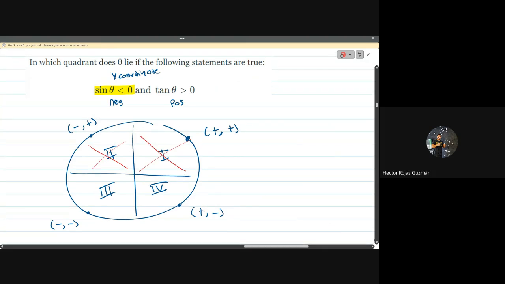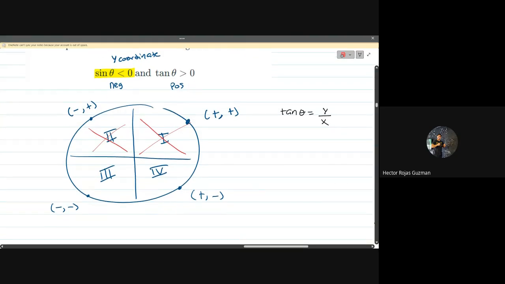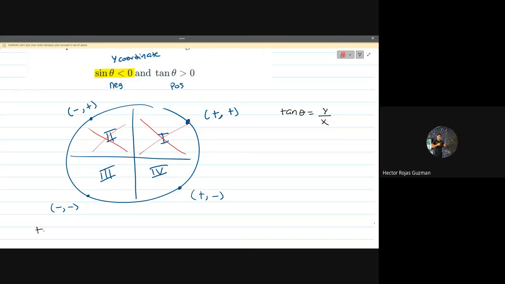Now, tangent has to be positive. And remember, tangent of theta is the y coordinate divided by the x coordinate. So, in quadrant number 3, if I do tangent of theta in the third quadrant, the y coordinate is negative and the x coordinate is negative. And a negative divided by a negative is a positive.